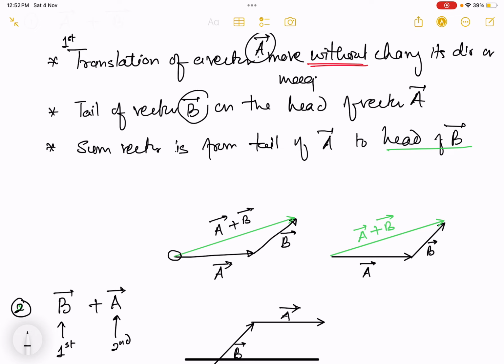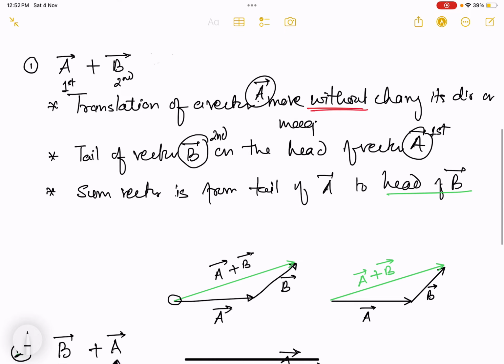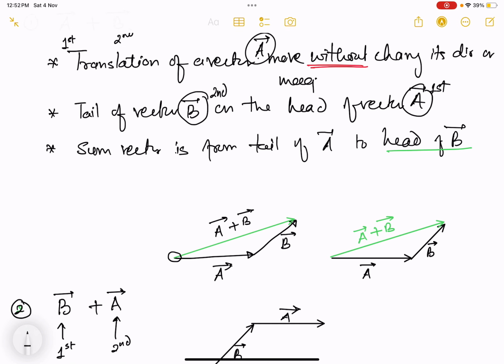Then tail of the second vector on the head of the first vector. तो यहाँ पे, when you write A plus B, your second vector was B. Your first vector is A. You understood? So you wrote the first vector here and you brought the second vector on it. Correct? So your A plus B is here.